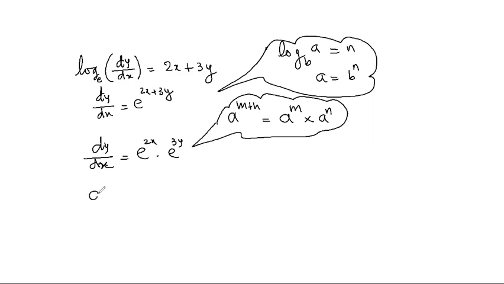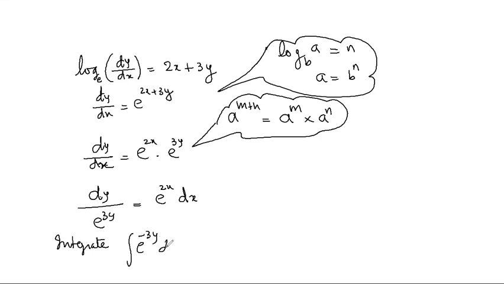Now, all y terms with the dy, all x terms with the dx. Remember, dy and dx should be only in the numerator. Don't bring them to the denominator. Now integrate. Before integrating, you must check whether you know how to integrate it. Integral e raised to minus 3y dy equals integral e raised to 2x dx.